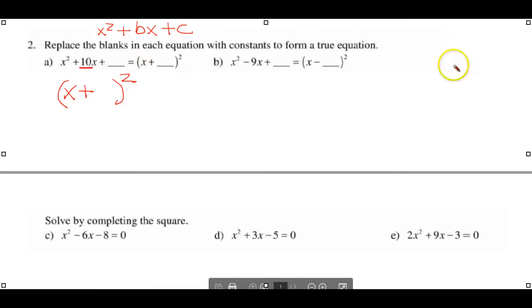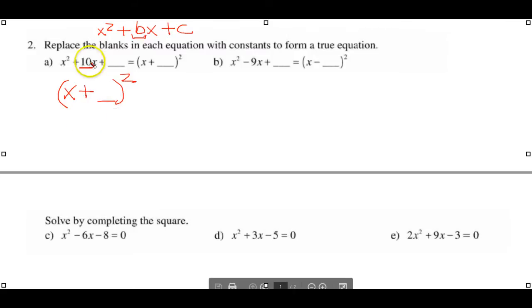Okay, so we're asking, how did we get this 10, which is in essence our b term? Well, we multiplied this times what was here and then doubled it. Well, if this is the result of doubling, what do we do to our b term to get this term here?